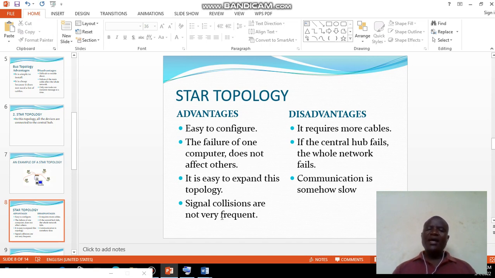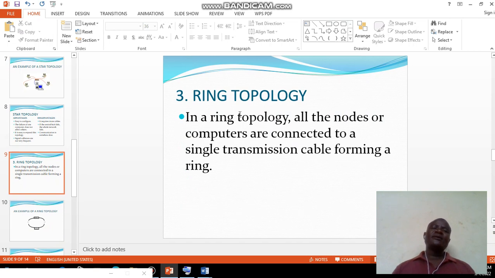Signal collisions are not very frequent in this kind of topology. Disadvantages: it requires more cables. If the central hub fails, the whole network fails. Communication is somehow slow in this network. Good. We move on to another topology.